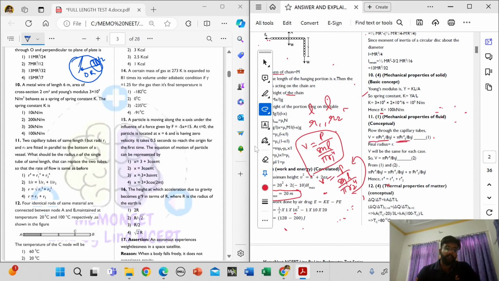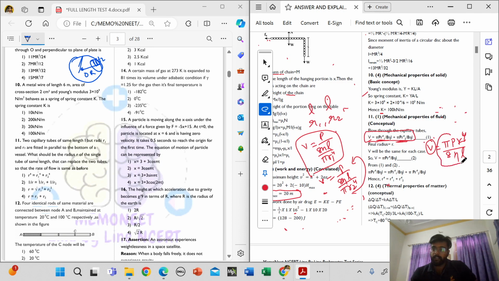So we want a capillary of radius R such that the flow will be the same. Suppose we have this capillary of radius R, then it will have the flow pi R raised to power 4 upon 8 eta L times P. We want this flow and the sum of those flows to be equal.